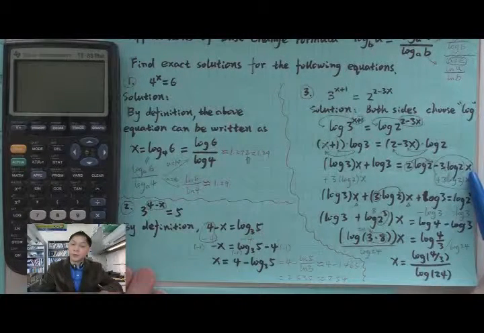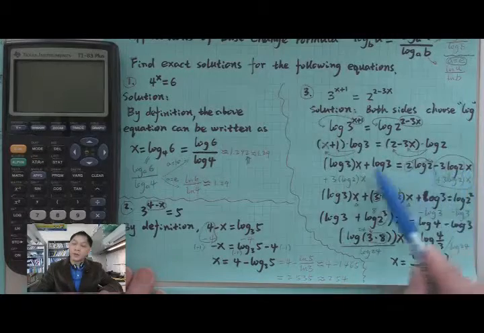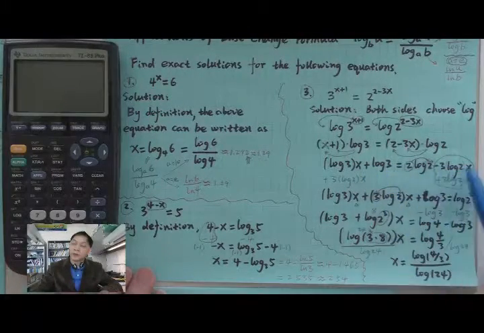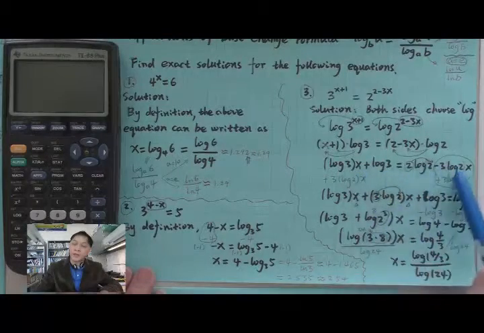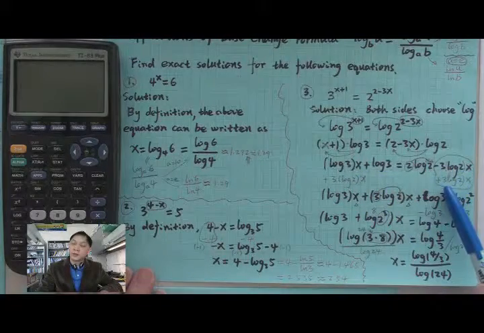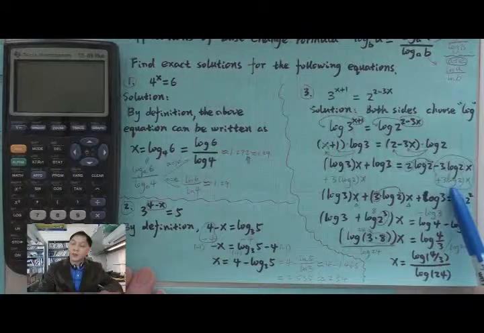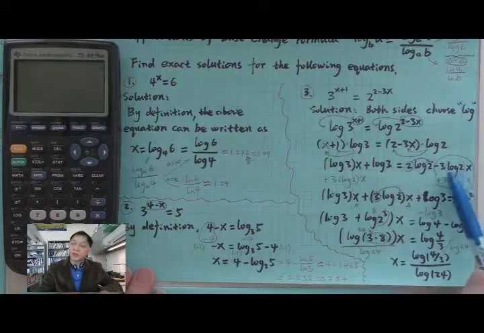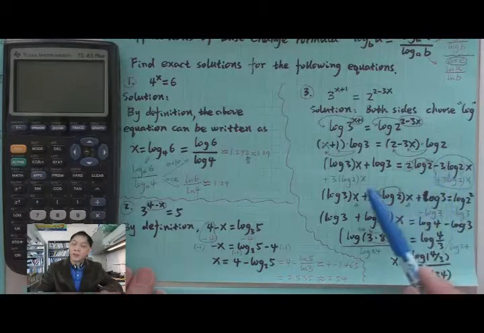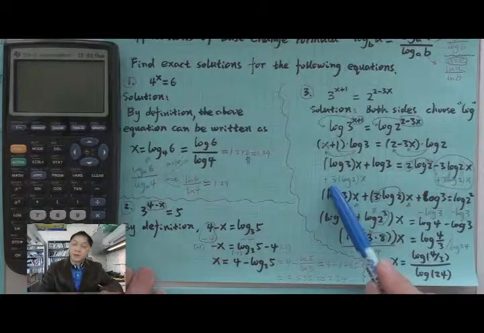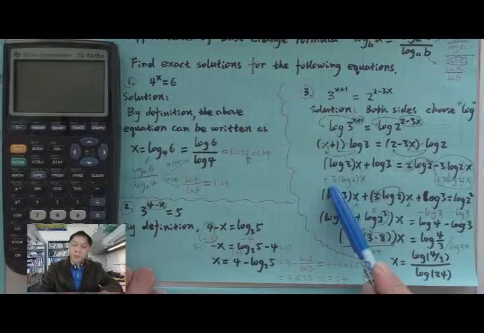Now you want to isolate x. There are 2 terms with x, so you want to put those 2 together. So you add 3 log 2 x to the right-hand side, because you want to cancel that, and on the left-hand side you do the same thing.